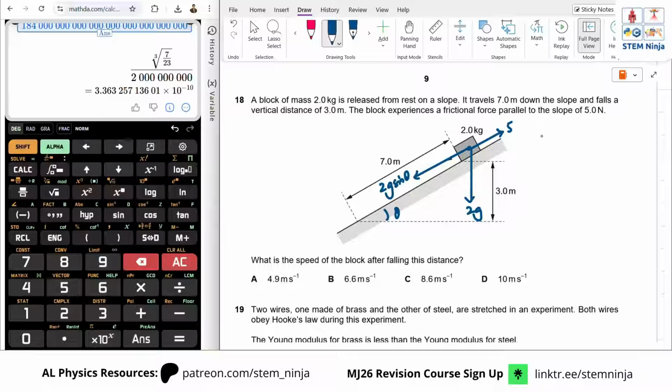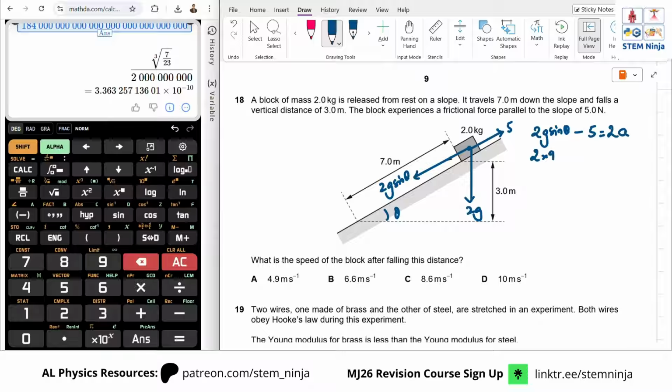So first off, we need to know the speed of the block after falling this distance. Right, okay, so you can find out the acceleration. So 2g sine theta minus 5 newton is equal to ma, 2a. We need to find out a first.